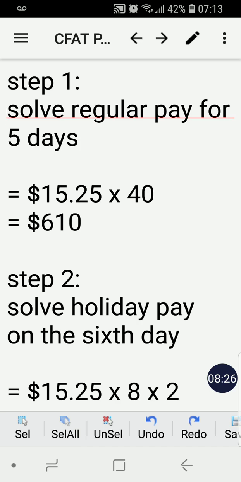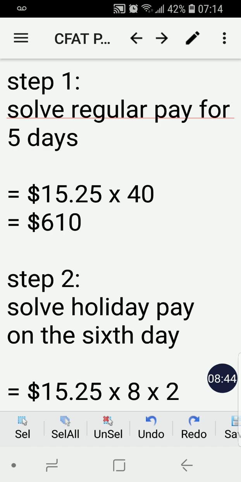So we solve for the regular pay for those first 5 days. We get 15.25 times 40. He worked 40 hours. So then we get 610 as the subtotal for the first 5 days.